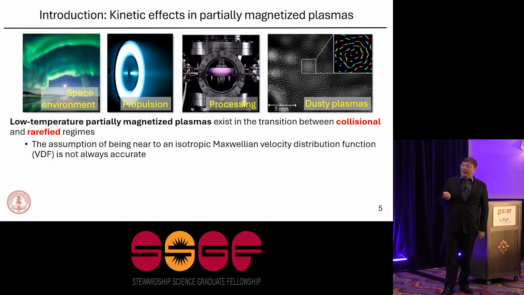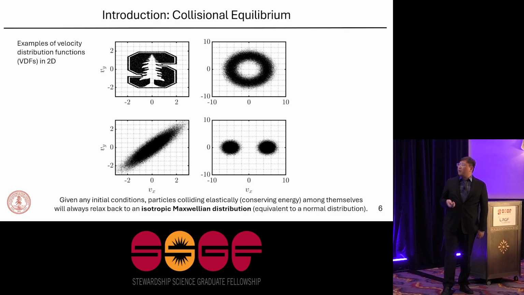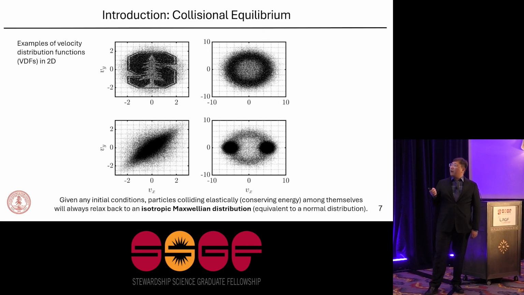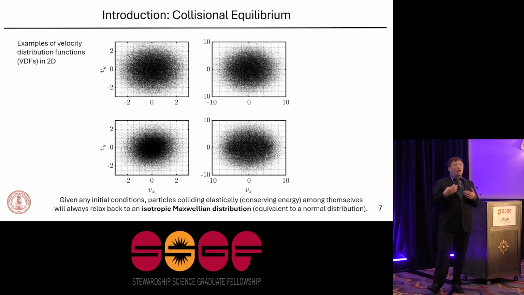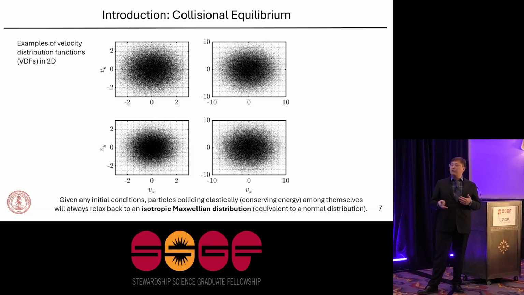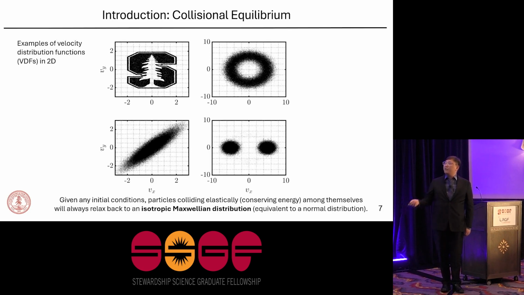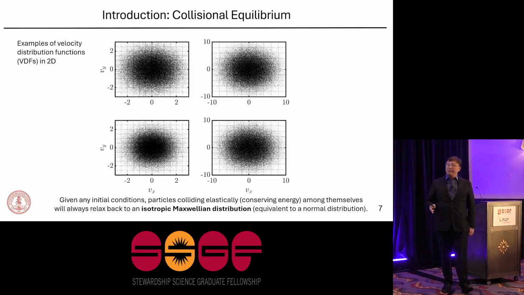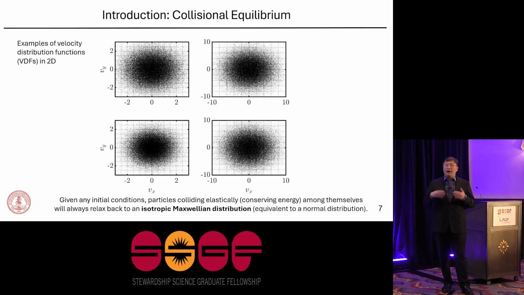To give an example, I've initialized a bunch of particles here, and I'm going to let them collide elastically. The x and y axes here are the x and y velocities of the particles. After a certain amount of time, commensurate with the collision rate, all of these initially different distributions relax back to the same isotropic Maxwellian distribution.